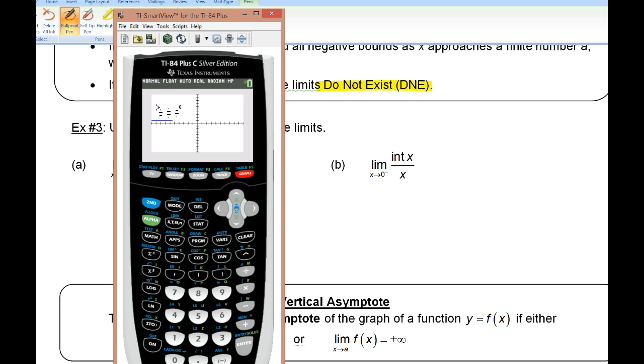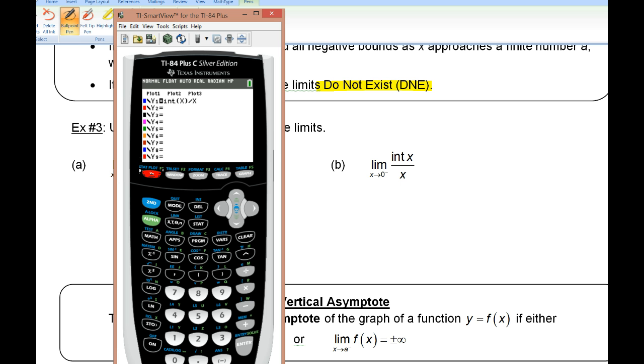Okay, so let's graph that. Sometimes it's hard to see what's happening on the graph, so sometimes it's helpful to look at a table of values instead. You remember, you go math, go over to number, and then it's number 5.